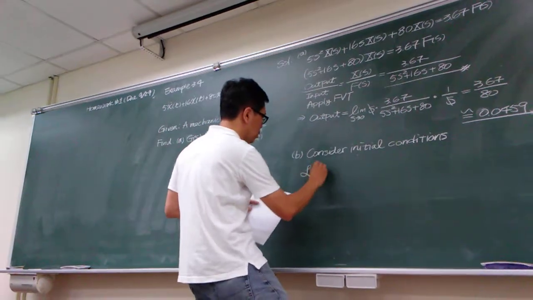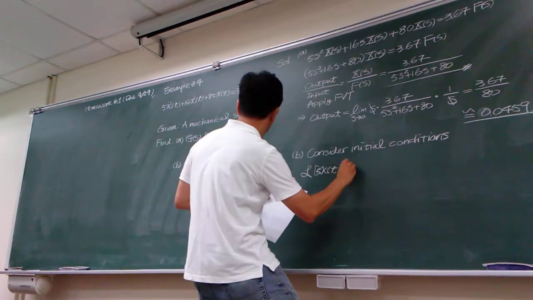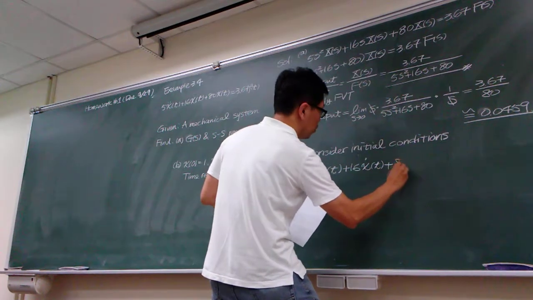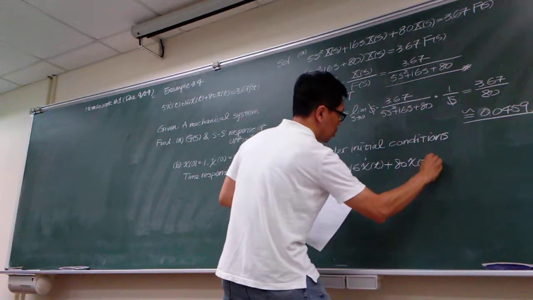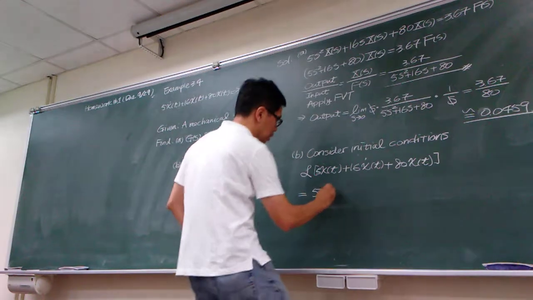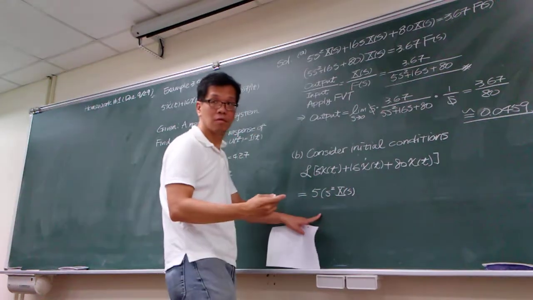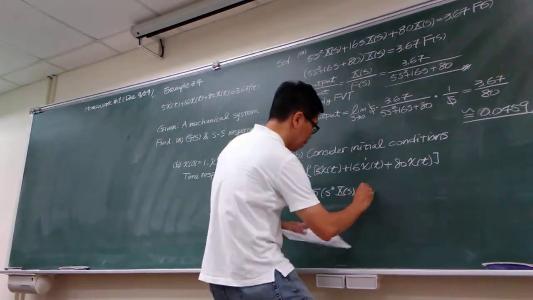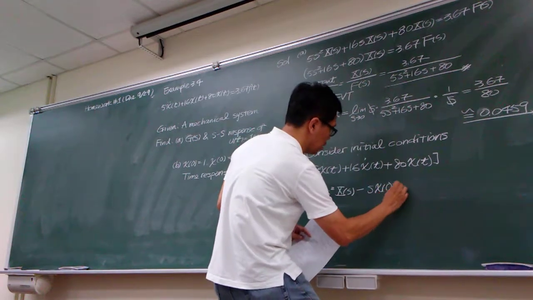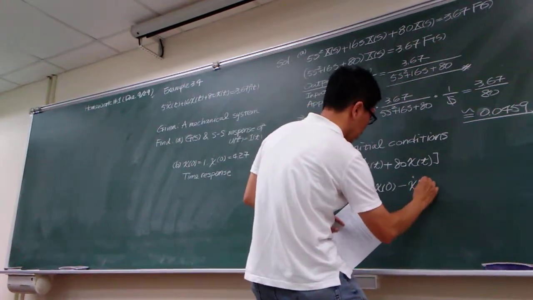So it is going to be 5 s squared X of s minus s x naught minus x dot naught.